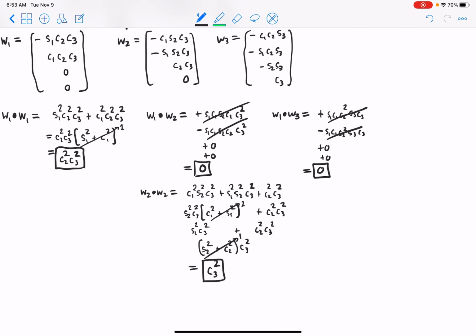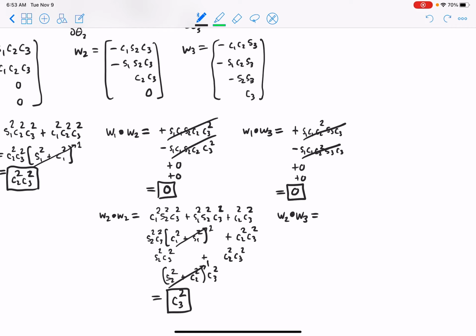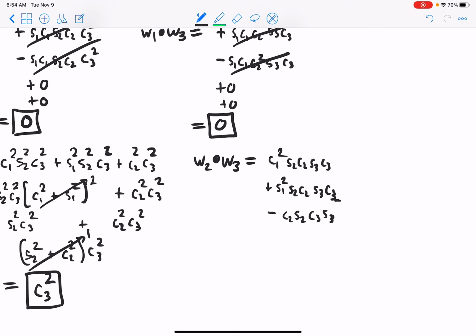Okay, let's do w2 dot w3. So that's these two. Multiply and add. Okay, let's see here. Notice we can factor out the common factor right there, which will leave C1 squared plus S1 squared.